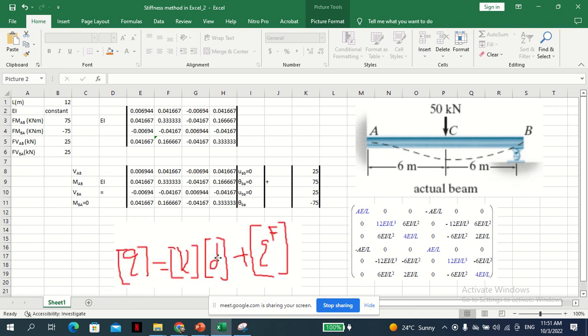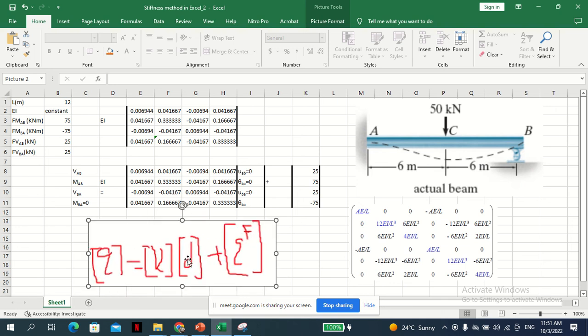So this is the arrangement. This is what you need, with physical values. Okay.